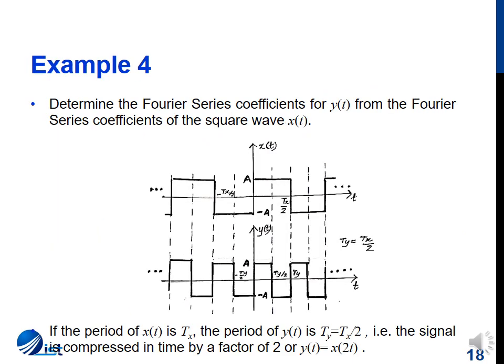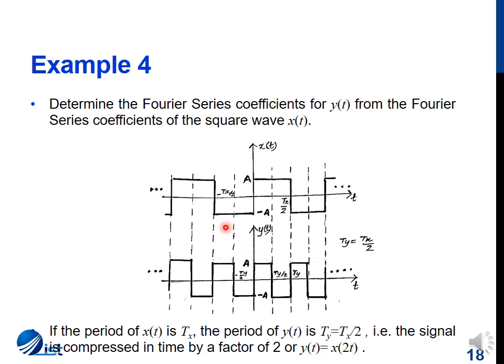Now we determine the Fourier series coefficients for y of t, which is a time-scaled variant of x of t. And x of t is the same square wave which we have been discussing since the last lecture. I have altered the time scale slightly so that T subscript x represents the time period of the original square wave, and T subscript y represents the time period of the new square wave.